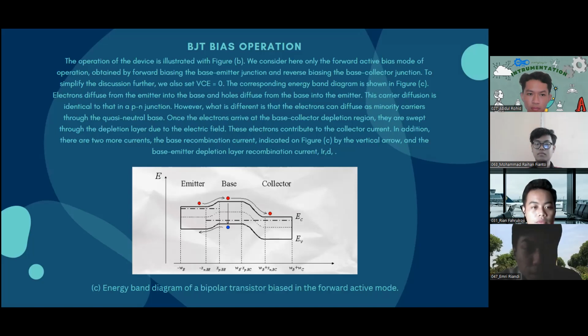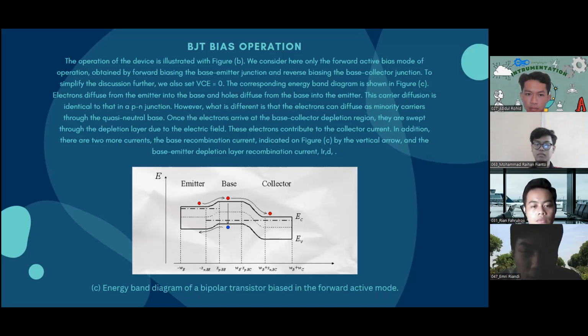Electrons diffuse from the emitter into the base and holes diffuse from the base into the emitter. This carrier diffusion is identical to that in a p-n junction. However, what is different is that the electrons can diffuse as minority carriers through the quasi-neutral base. Once the electrons arrive at the base-collector depletion region, they are swept through the depletion layer due to the electric field.